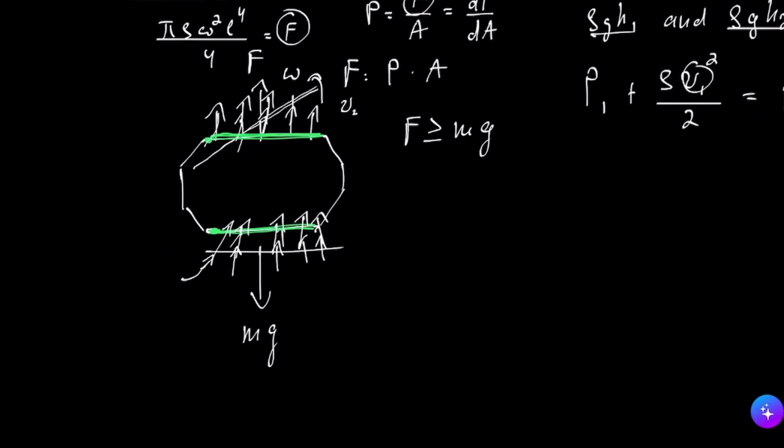How fast is the air exiting out through here? Since the bottom part doesn't really make any speed, v1 is equal to 0. And because there's a fan on top of the helicopter, v2 is going to be omega times R.